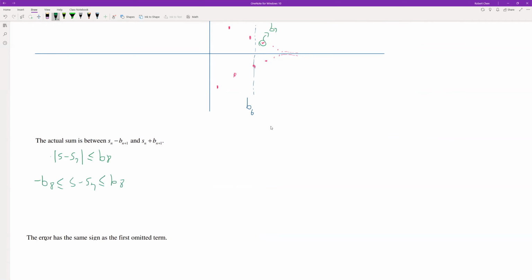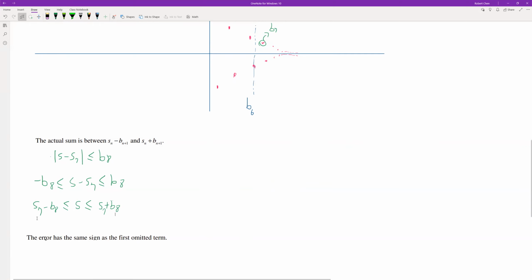And all we need to do is add S7 to both sides. So on the left-hand side, we have S7 minus B8 is less than or equal to S, which is less than or equal to S7 plus B8. Okay, so in the middle of the inequality, we have S, the total sum, which has two bounds.